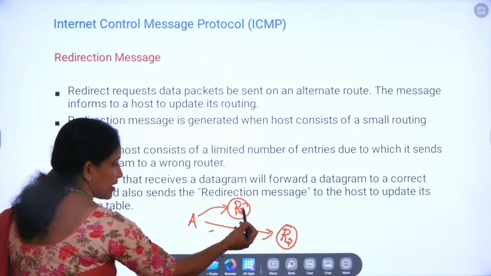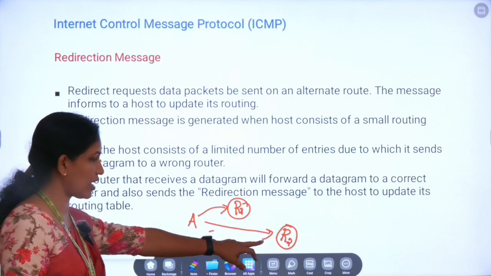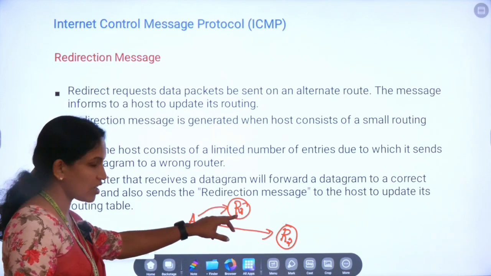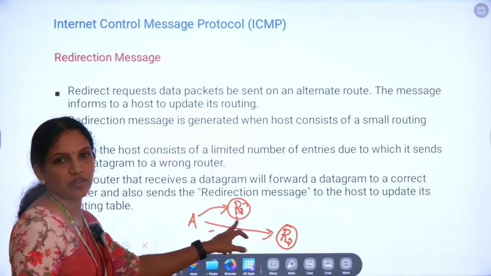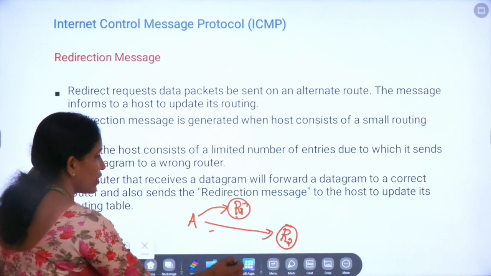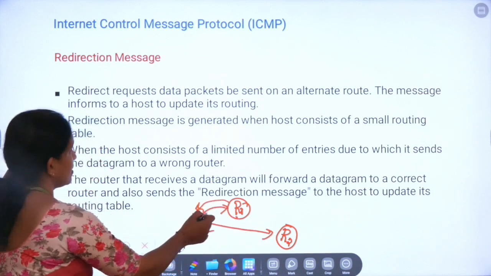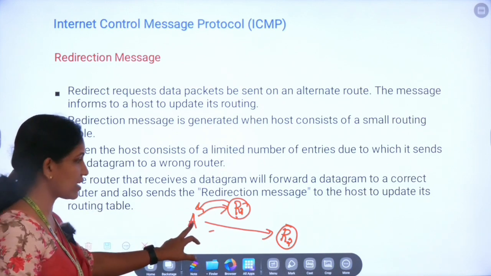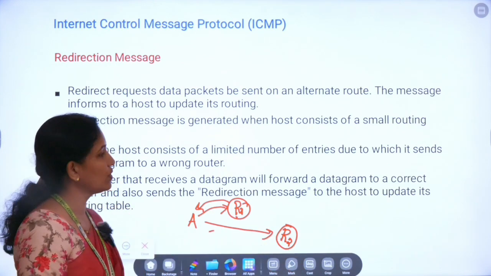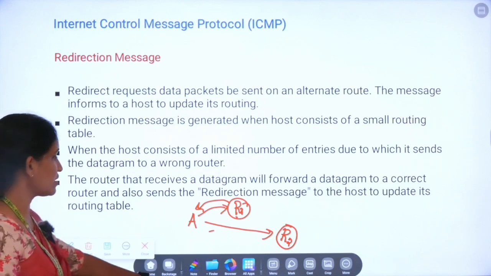Upon receiving that, R1 identifies that the packet is actually intended for R2, that this is a wrong route, and that an alternate direct route is available from A to R2. So it will send a redirection message to A so that A can send the packet directly to R2. So this is called the redirection message.